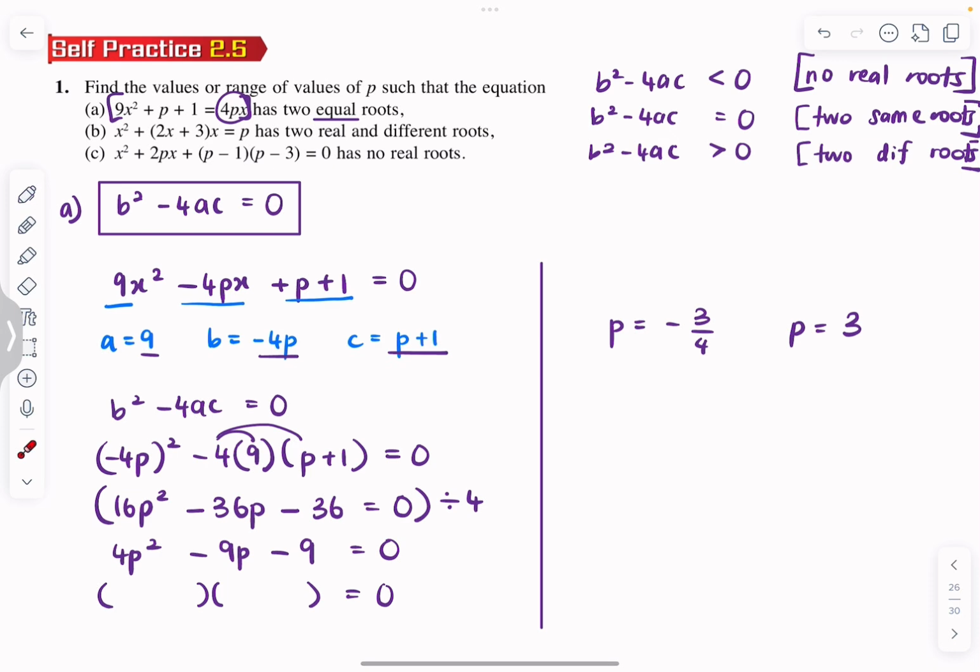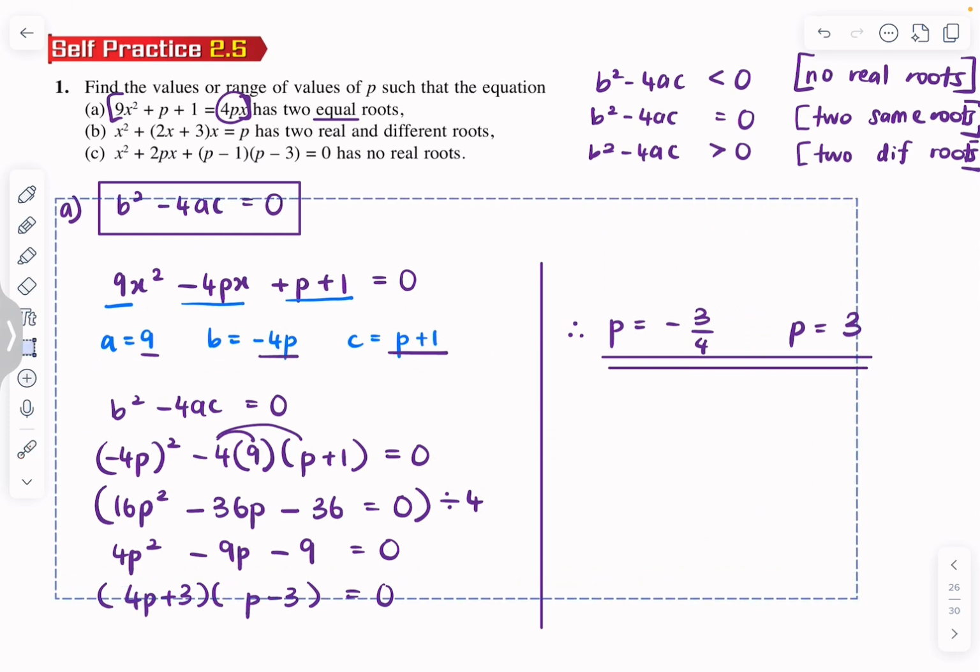So putting it into the bracket here will be 4p plus 3 and p minus 3. These would be the values of p. We need to put it back into the bracket because this is part of the working for factorization. Done.